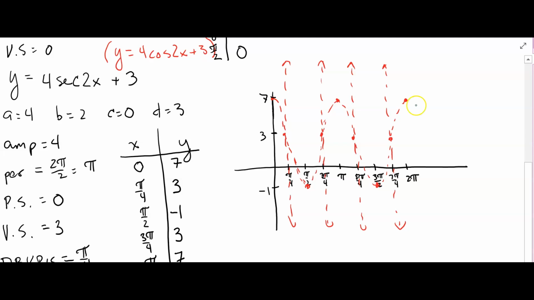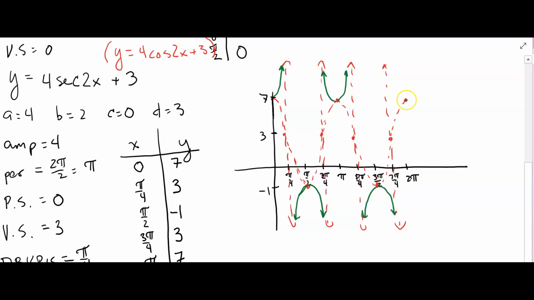It gets a little tricky on the ends because we only have half of that U shape over here. So I'm going to flip just that half up and we'll approach the asymptote. We can't hit the asymptote because it's undefined at pi over 4. And then we'll take this piece here and we'll reflect that down and approach the asymptotes. And then same thing here. Approach our asymptotes. Same thing here.